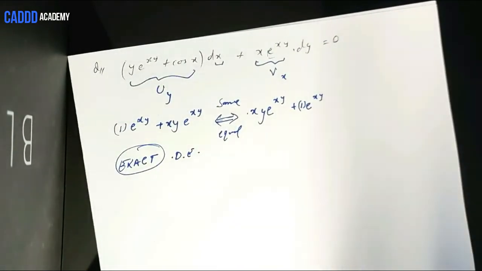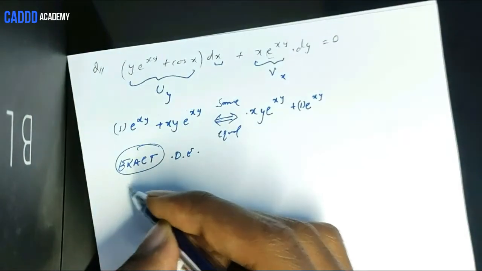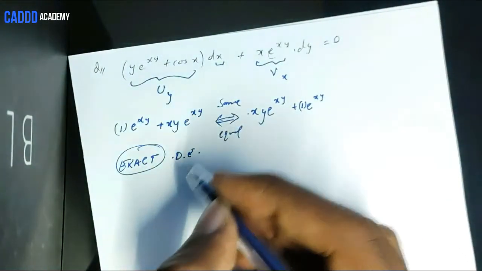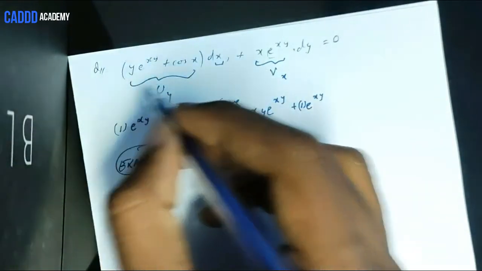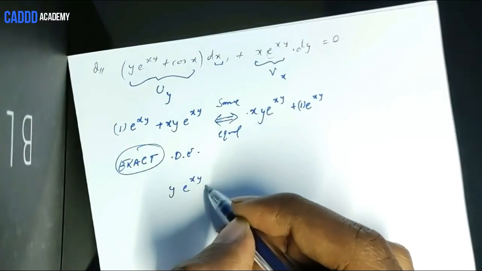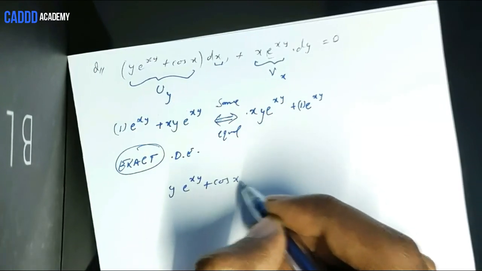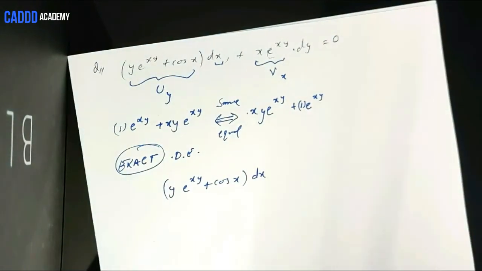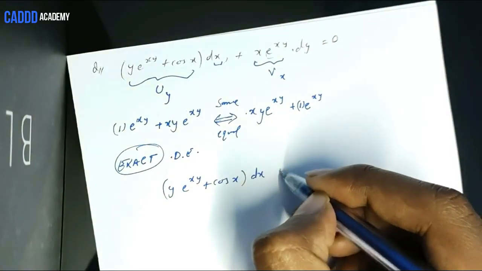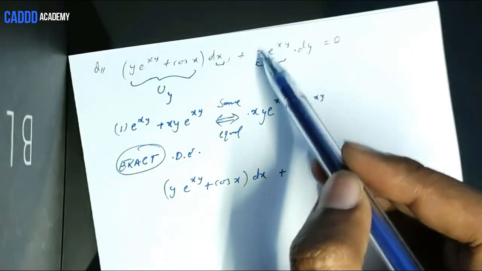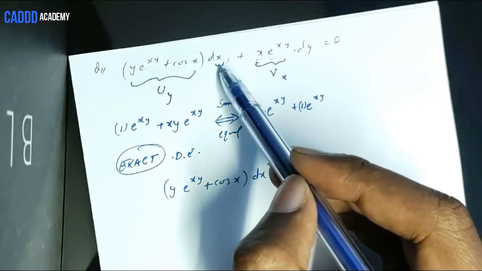When we have an exact differential equation, the solution is very simple. We just have to copy this thing, (y e^(xy) + cos x) dx, and plus, we will take the term from here which does not contain x.